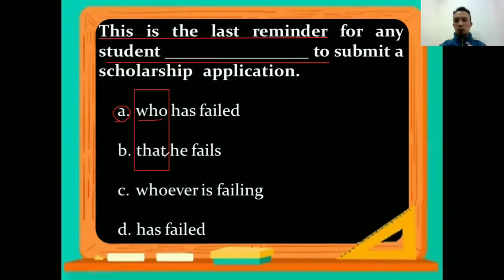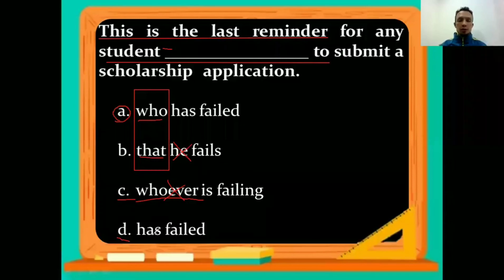That is possible to use with people, but if I'm using it in order to talk about a person, it's not necessary to mention the person again. For that reason, it's wrong. Options C or D are incorrect. Whoever, because I use whoever when I don't mention the kind of person. I'm saying student, for that reason, it's wrong.